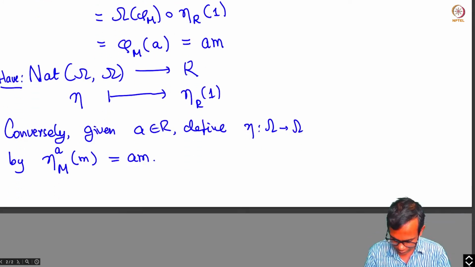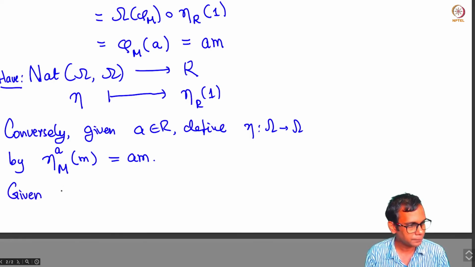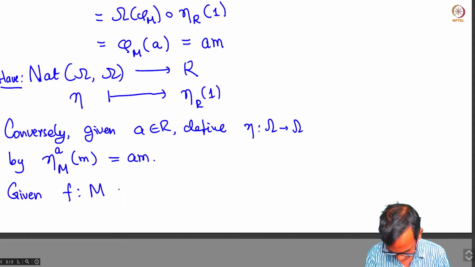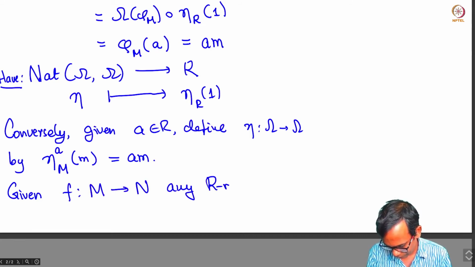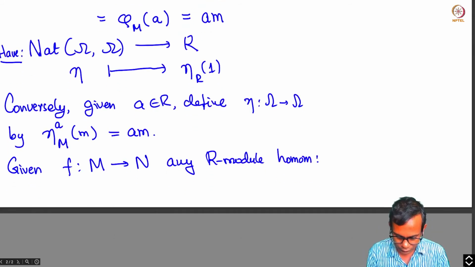Is this a natural transformation? Actually, we need to check that. Given any R module homomorphism f, we need to check that this is a natural transformation.